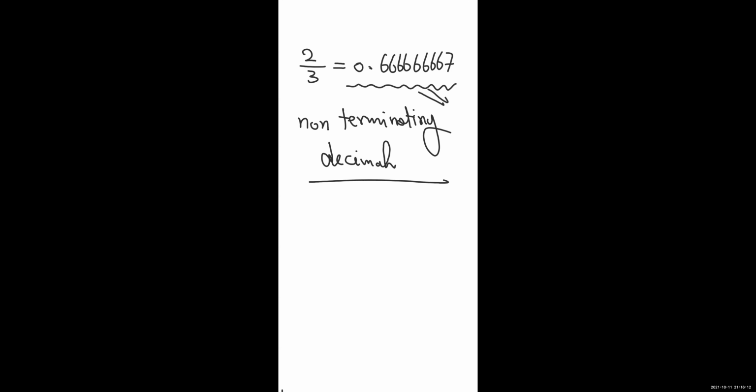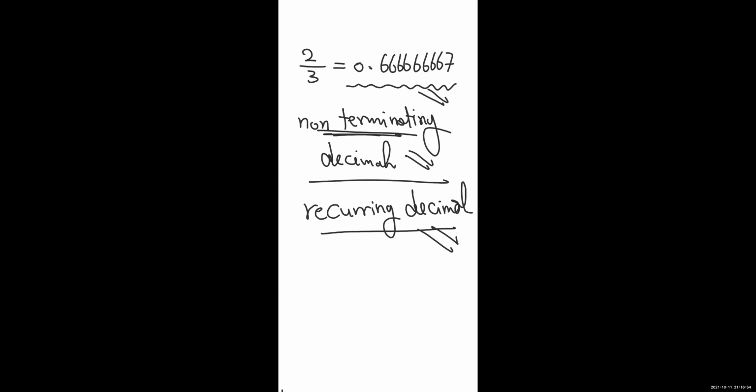Anyway, the most important point here: if the question asks to write the rational number in the form of a non-terminating decimal or recurring decimal, listen to me so that all of you can understand. How to write this number in the form of a non-terminating decimal or recurring decimal? Simply, guys, there is a very easy rule.